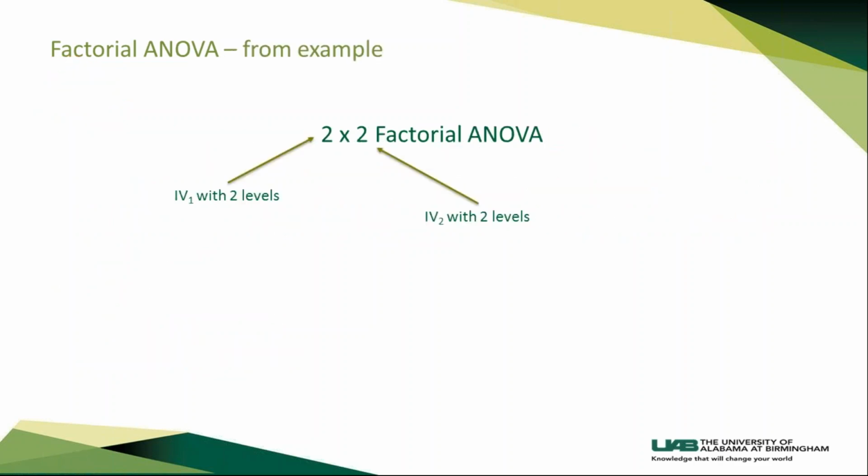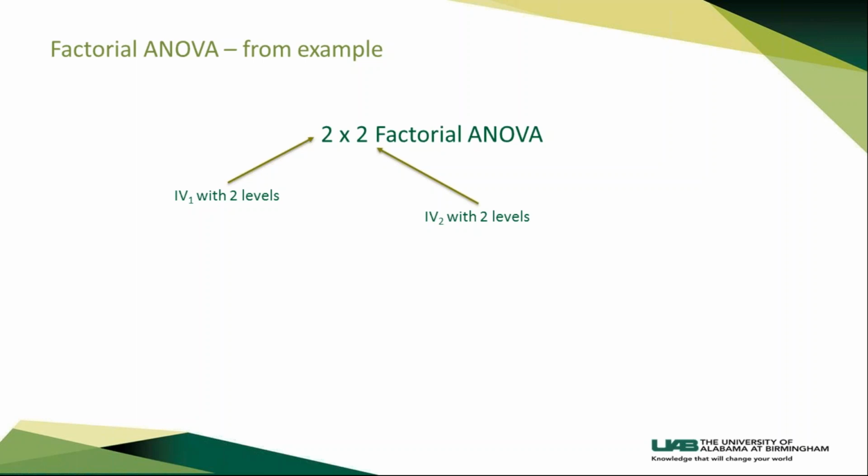So what we have here is what is known as a 2 by 2 factorial ANOVA. And so the numbers that you see, 2 by 2, those stand for the levels within the independent variables. So in the 2 by 2 factorial, one of these represents one independent variable, the other represents another. Here, order certainly doesn't matter. But our first independent variable, let's just say that's the psychology or the biology. Those are the levels, two levels within one independent variable. For the other one here, again, we had the drug independent variable.